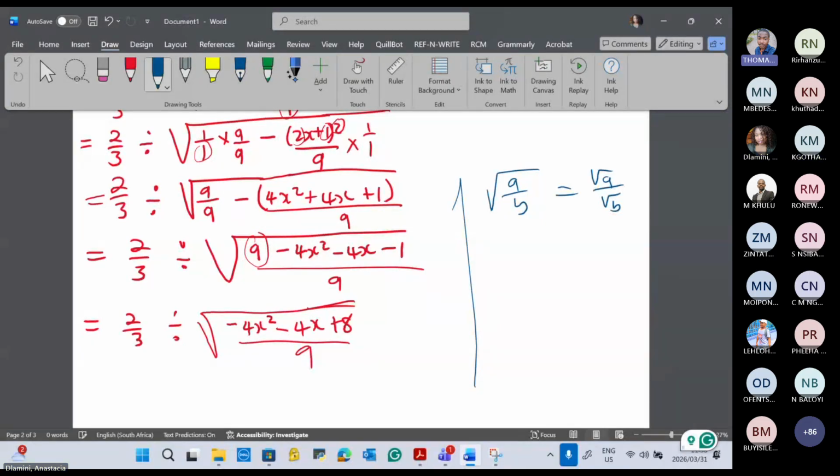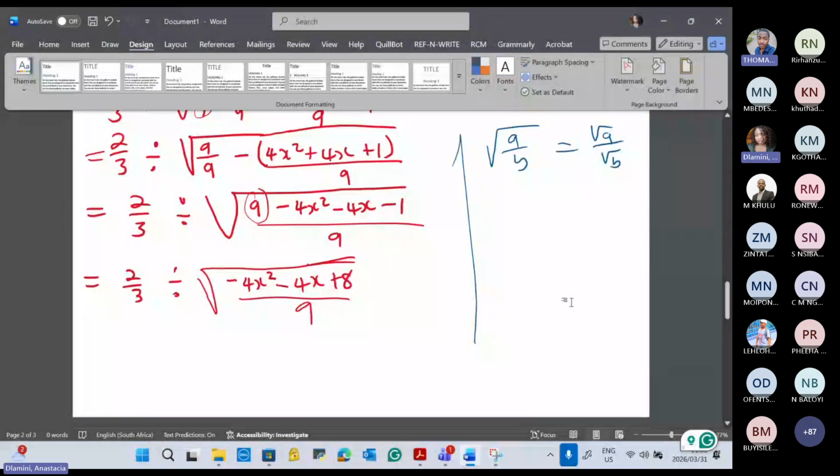Yes, ma'am. I hope the network is better now, ne? It's really better, ma'am. Okay, working out. Thank you. So meaning that this is equal to 2 over 3 divided by the square root of negative 4x squared minus 4x plus 8 over the square root of 9. Are we together?